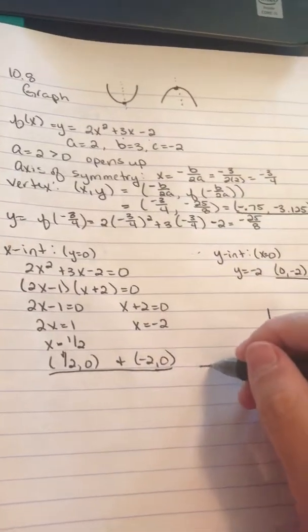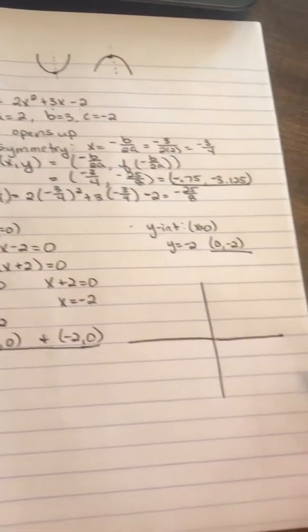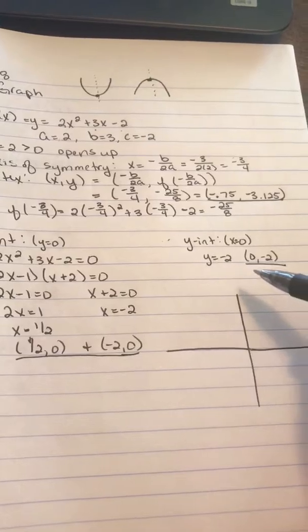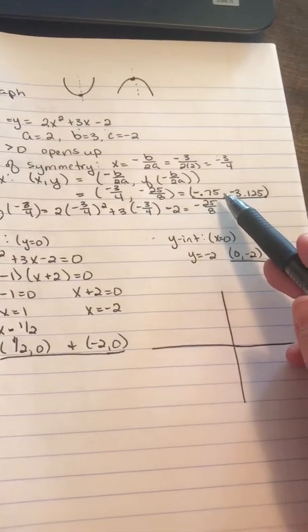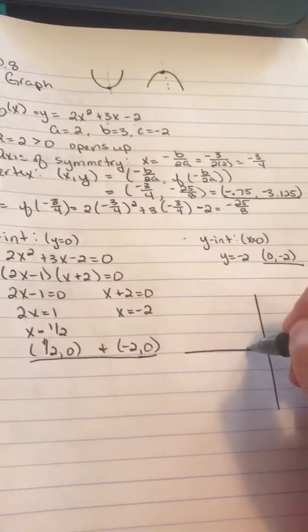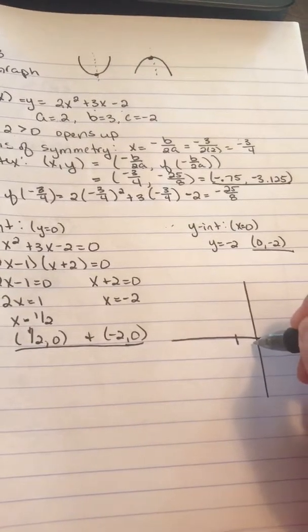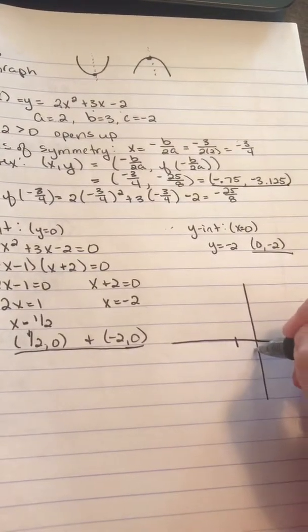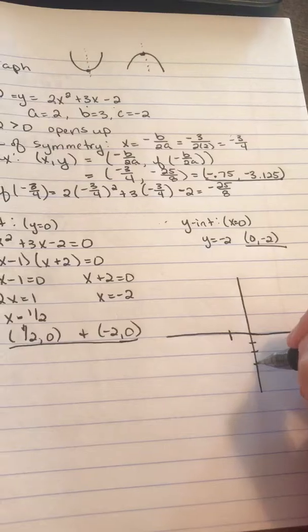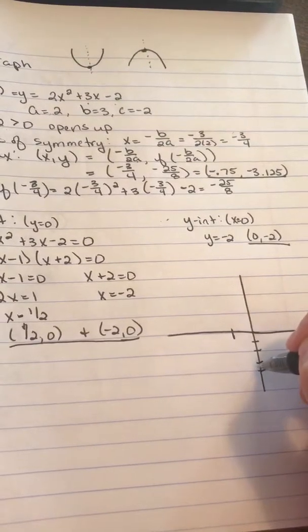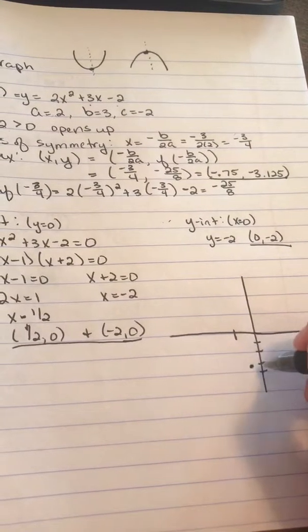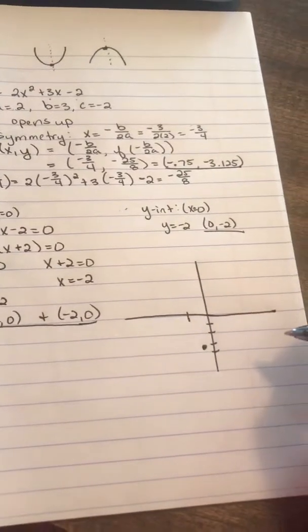And again, on these, the graphs don't have to be perfect. So you've got your vertex at negative 0.75, so it's about here, down to negative 3.125. So 1, 2, 3, 4. Roughly right there.